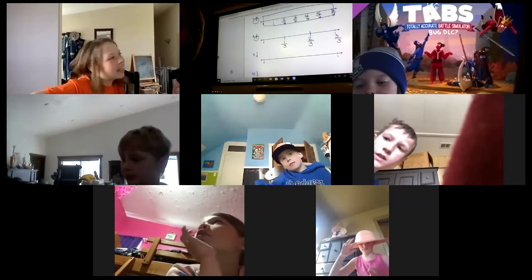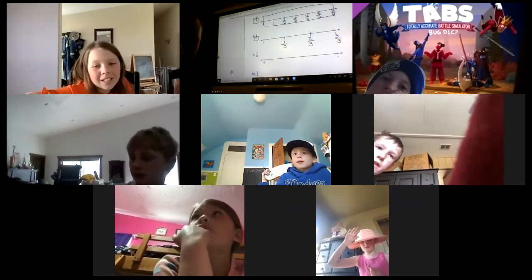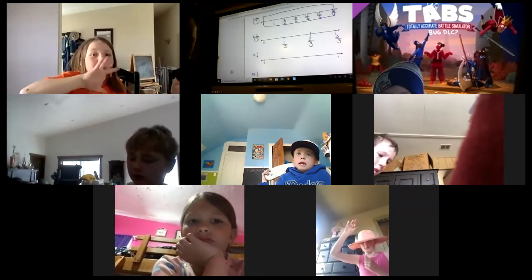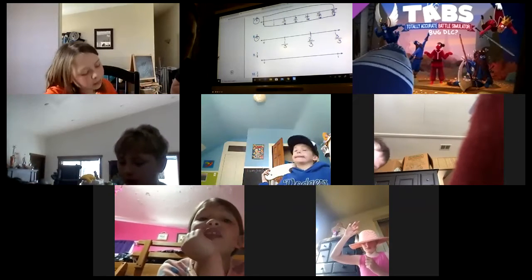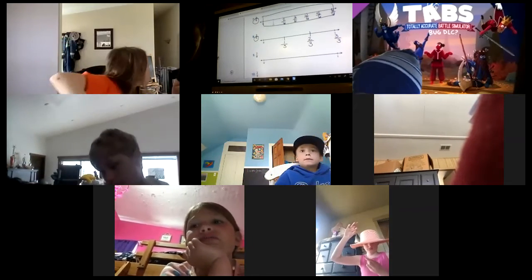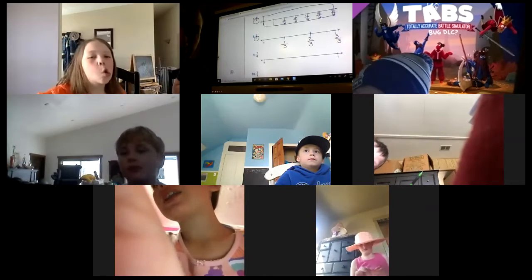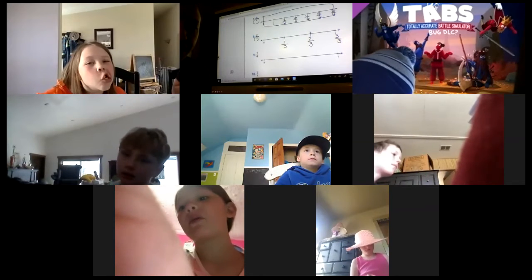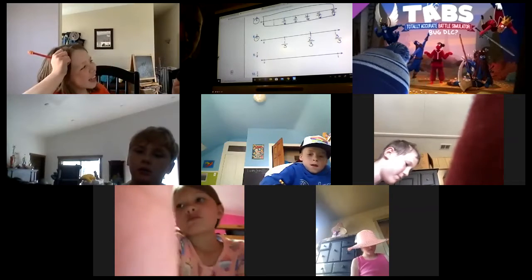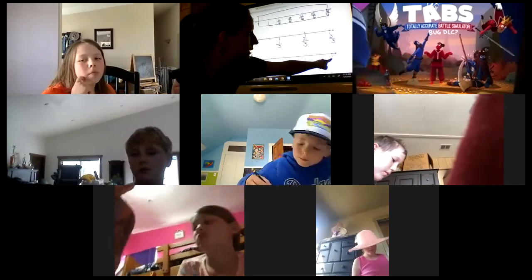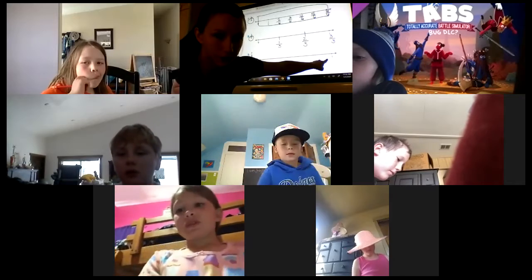How many equal parts will we need? 7. Look at our bottom number. 8. 8, okay? Our bottom number is going to tell us how many equal parts. So what I like to do is label that number 1 as a fraction. Okay, so what will this 1 look like as a fraction?